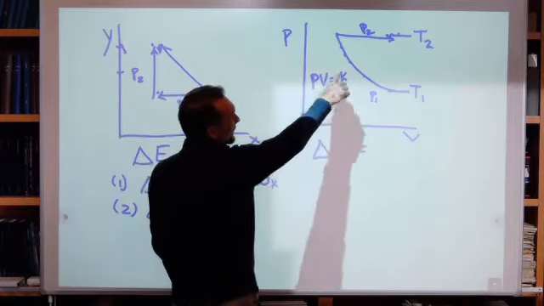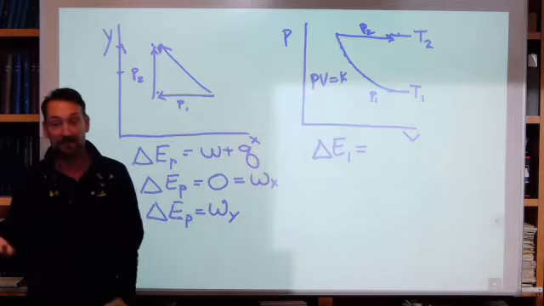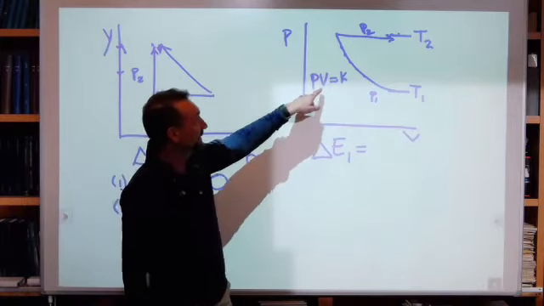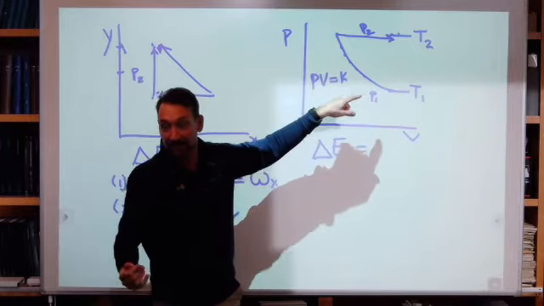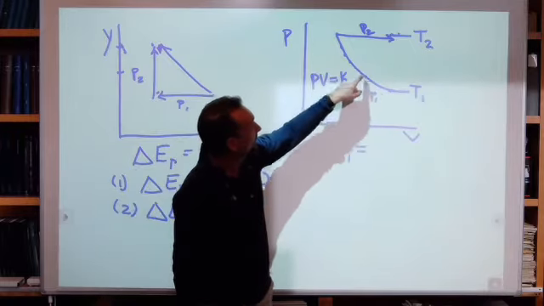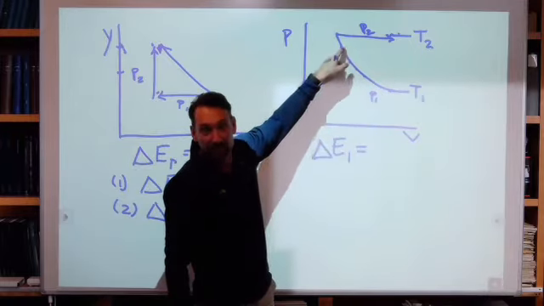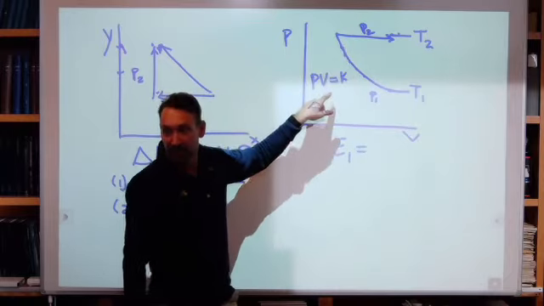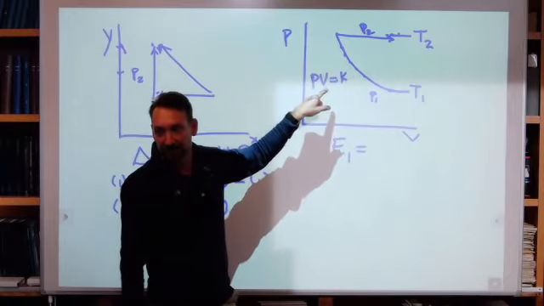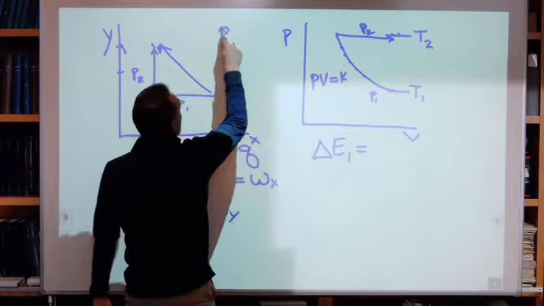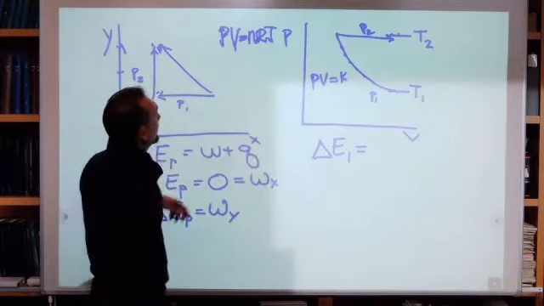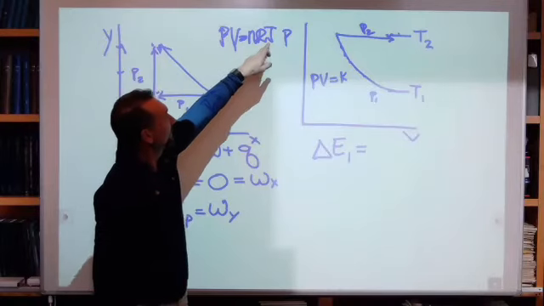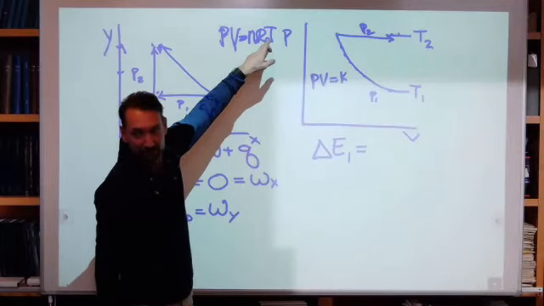I shouldn't have used a K there. That's not the ultimate constant. That's just a constant. So this PV is equal to nRT, and T is the constant. Along every point on this line, the temperature is the same because the product of the pressure and the volume is the same. So when you look at PV equals nRT, if P times V is a constant, that constant is the temperature.